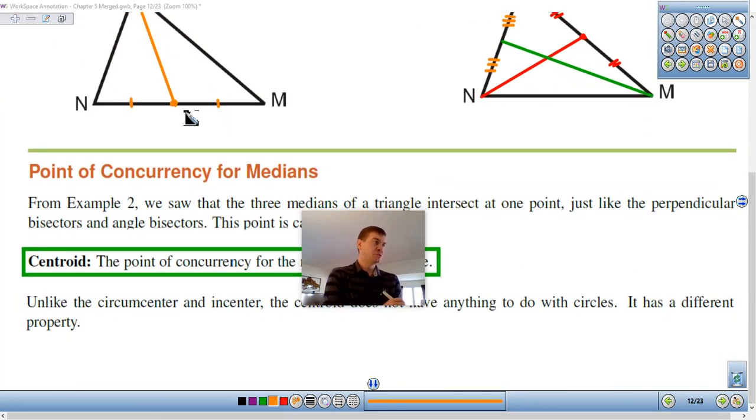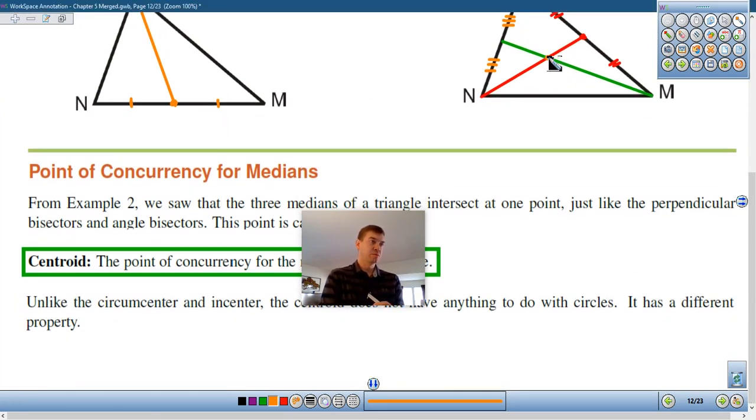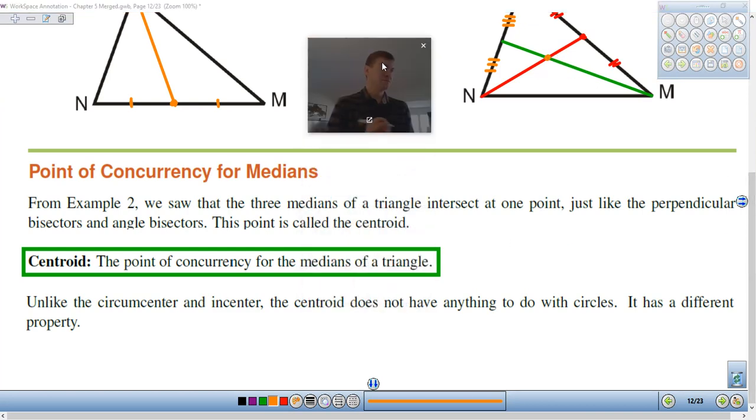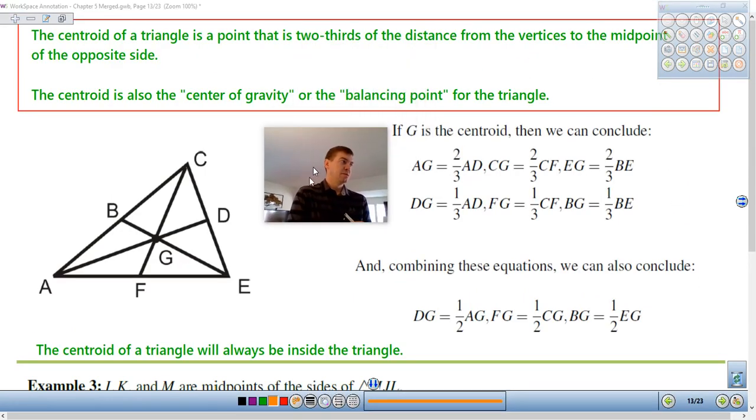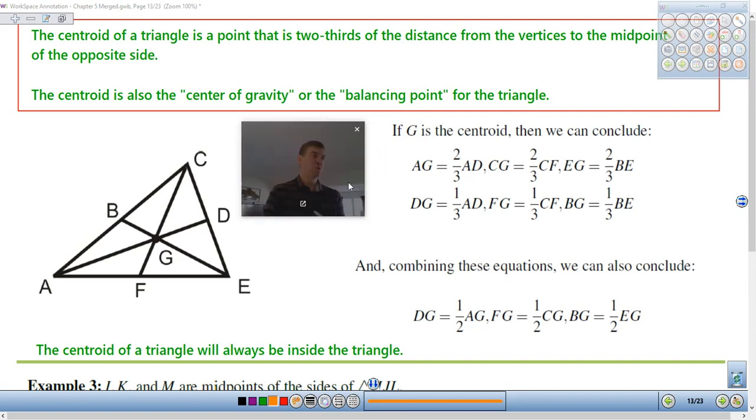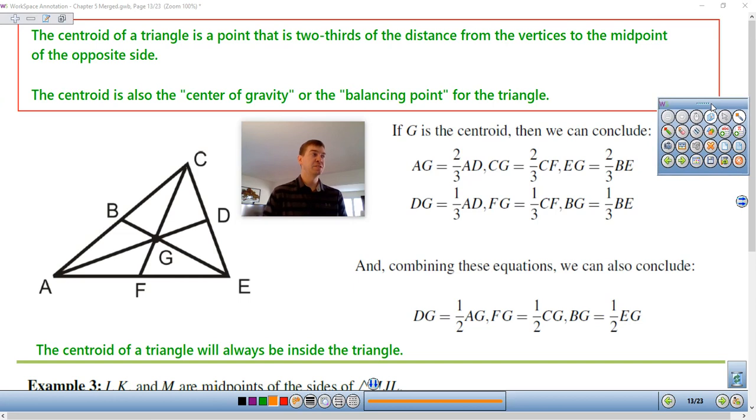When all the medians are drawn for a triangle, you will find a point of concurrency, and it's called the centroid. Unlike the circumcenter and incenter, the centroid does not have anything to do with circles. It has a different property. The centroid of a triangle is a point that is 2/3 of the distance from the vertices to the midpoint of the opposite side.